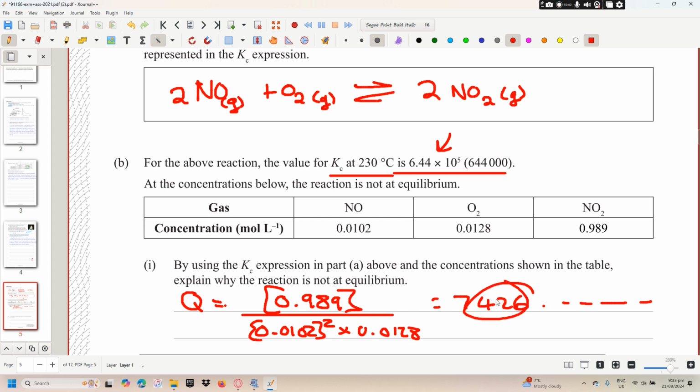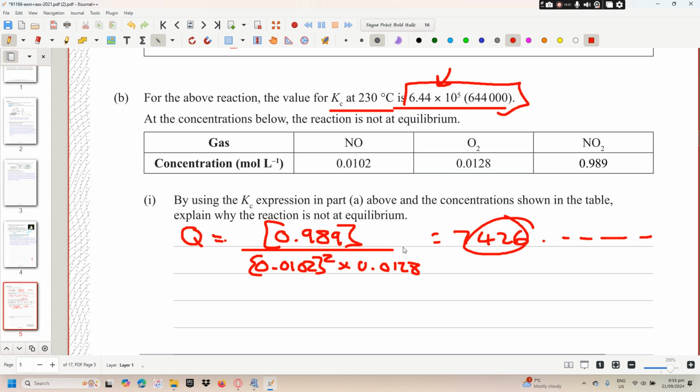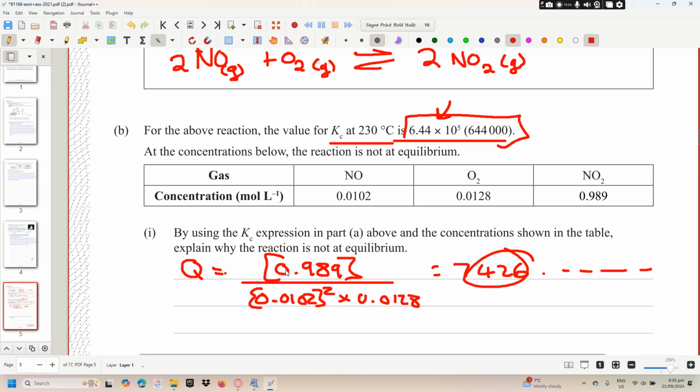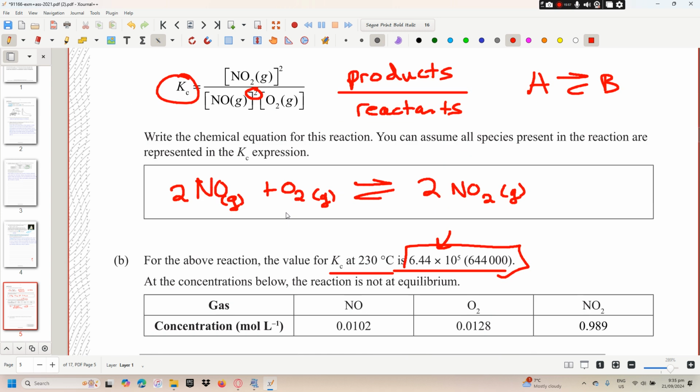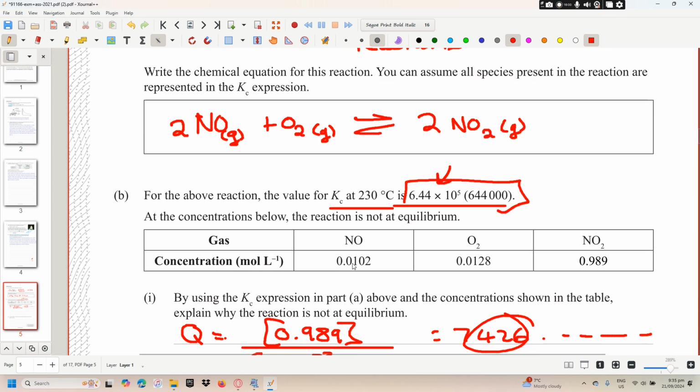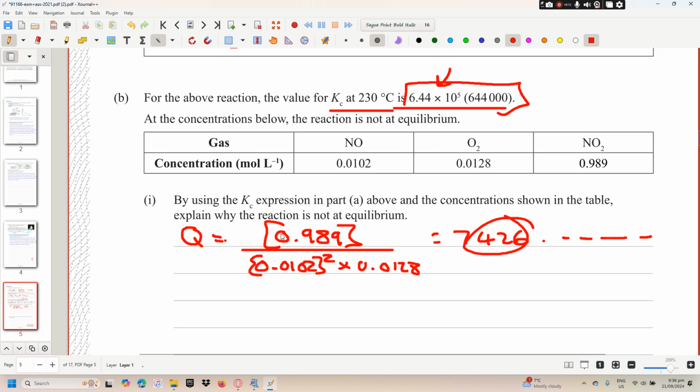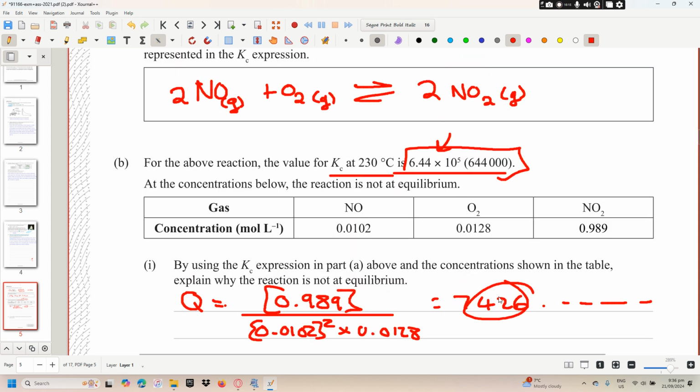The more astute among you may have noticed that this number is not Kc, which means the reaction cannot be at equilibrium. Because Q does not equal Kc, the reaction quotient at the moment does not equal Kc. Remember, Kc is only reached after some time, after sufficient time for the reactants and products to have reached equilibrium. Q is about 7,000 and it needs to be 644,000, which is quite a big number.